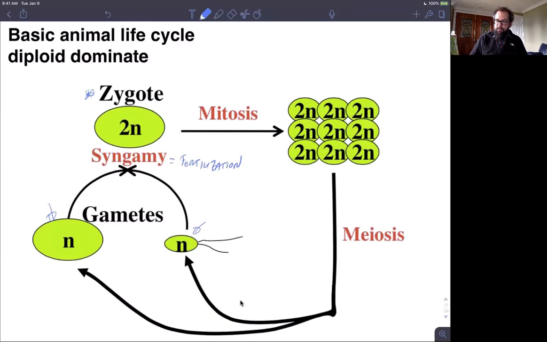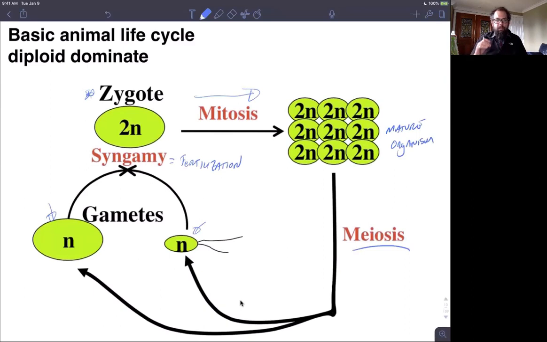So syngamy occurs, and we form that zygote. That zygote then grows via mitosis into a mature adult, a mature organism. And then meiosis occurs to produce gametes.